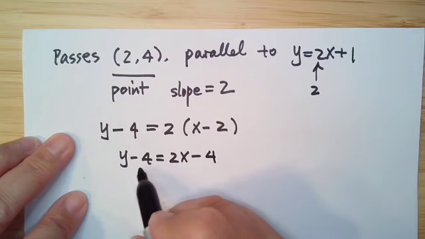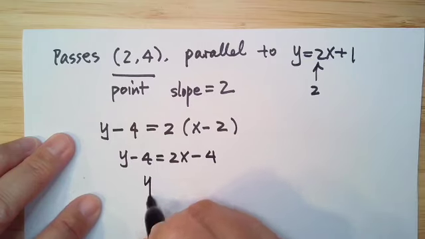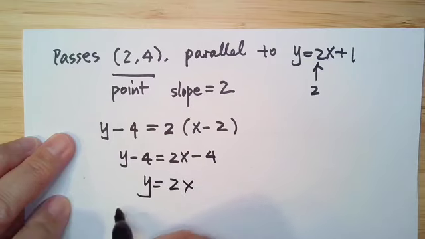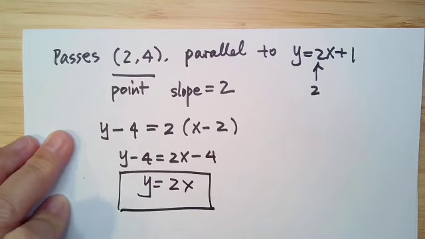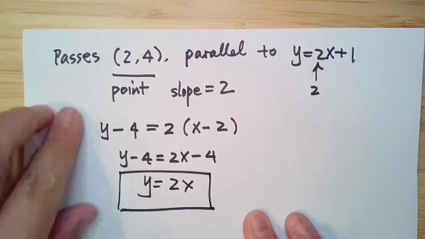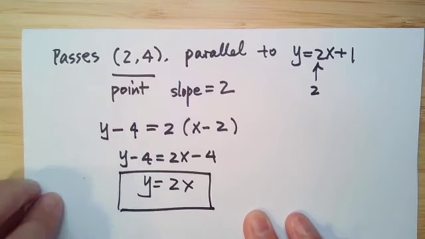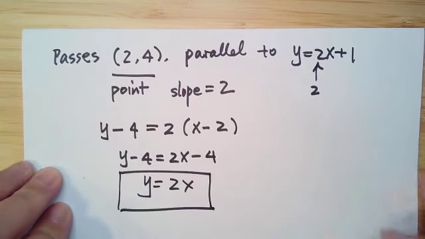Plus 4, that's gone. So y equals 2x. This is your solution. Okay, so you're looking for a line that passes through this point and is parallel to y equals 2x plus 1.